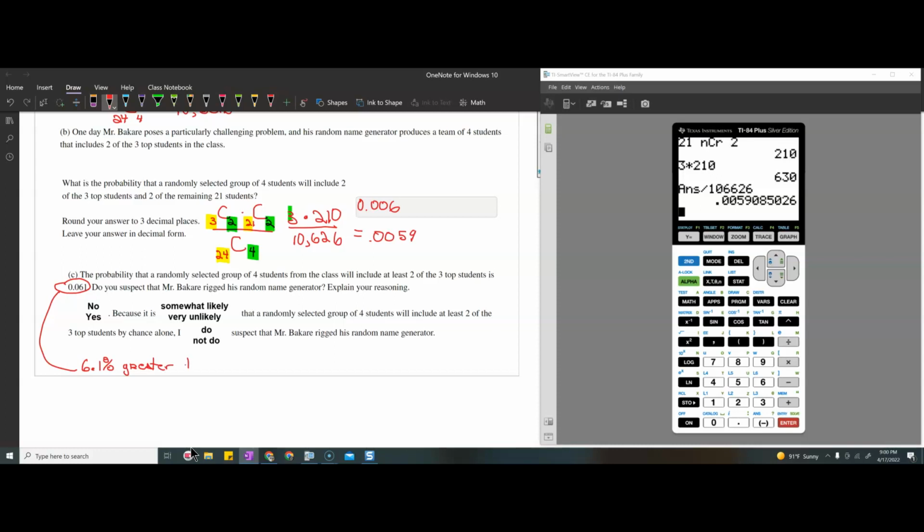So our threshold for it being unusual is 5%. So right now we don't have evidence because it's somewhat likely that the randomly selected group of 4 students will include 2 of the 3 top students by chance. Okay, so I do not suspect the teacher rigged the random number generator.